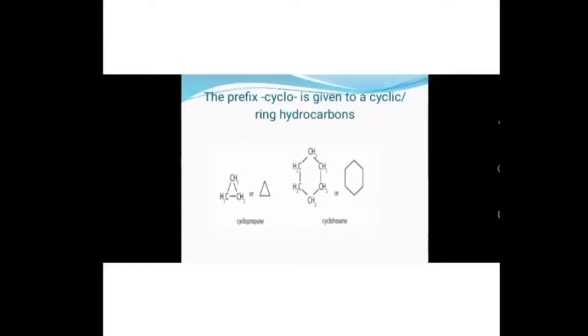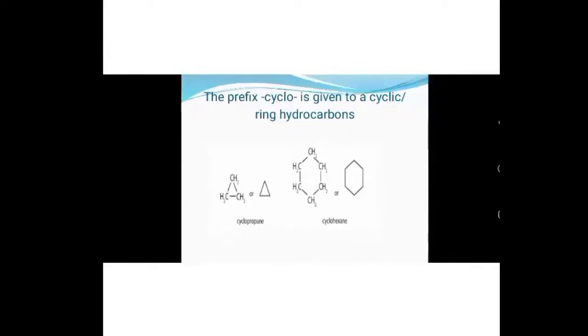The second structure has 6 carbons and is named cyclohexane. If you look at the 6 carbons, you will see that all of them are bonded to each other, and because they are bonded to each other, they form a ring. Because they form a ring, they belong to a group of hydrocarbons which we call cyclohexane.